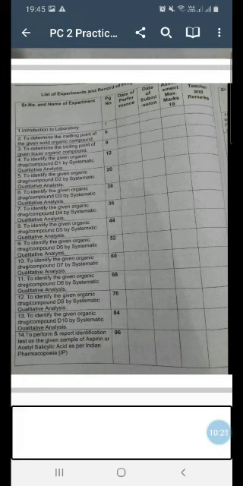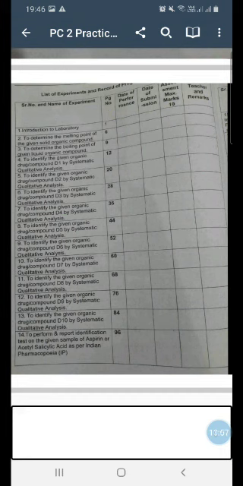So you will open that monograph of acetyl salicylic acid or aspirin, and you will read out one by one the properties, whether physical or chemical, and you will cross check those properties on your compound and compare the results with the standard results mentioned in the Indian Pharmacopoeia, and come to a conclusion at the end whether the given compound is aspirin or acetyl salicylic acid of IP standard or not.